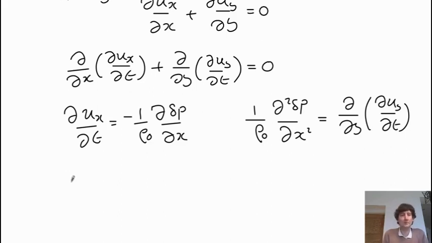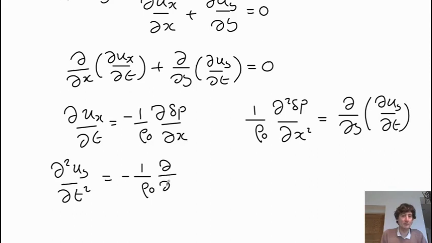So now we go back to the momentum equation, which in y we had d2uy by dt squared, and that was equal to minus 1 over rho naught d by dy of d delta p by dt. And this is the term that we ignored previously.